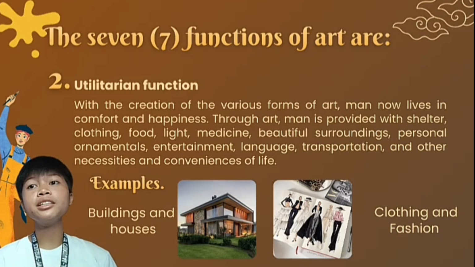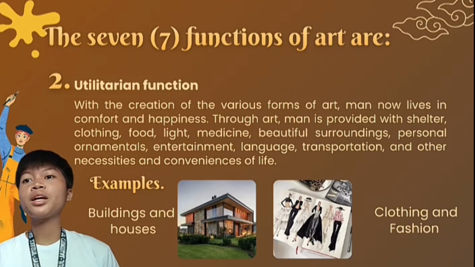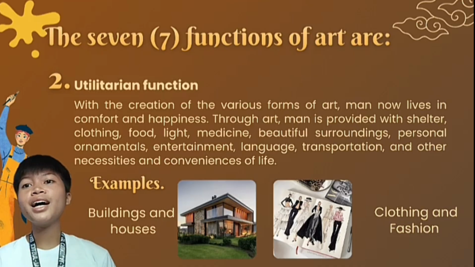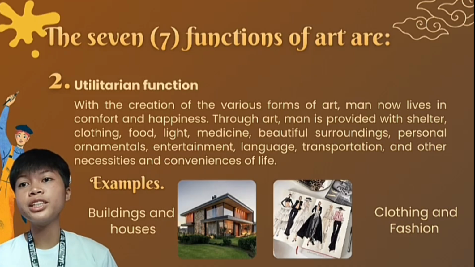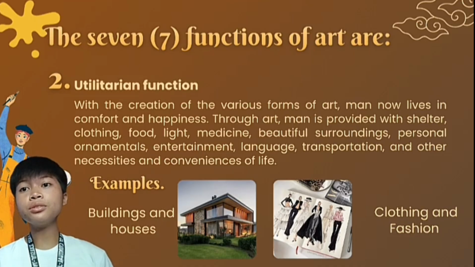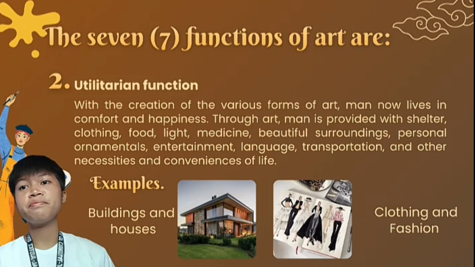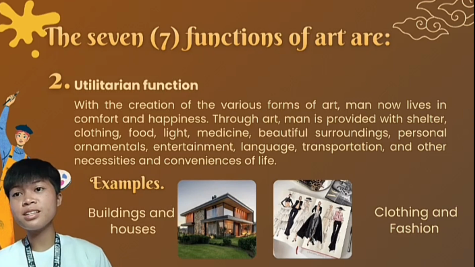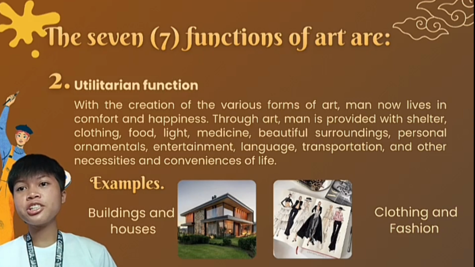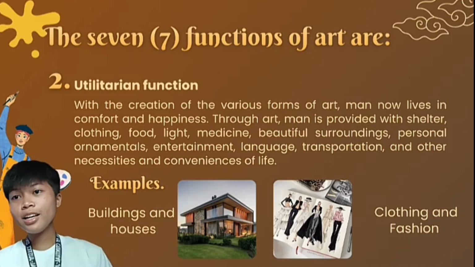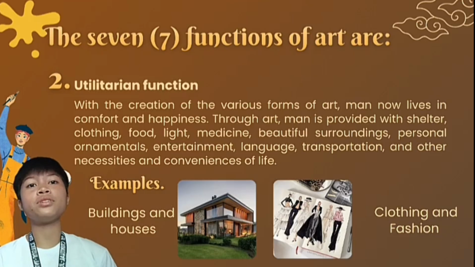So we have here the utilitarian function. So with the creation of the various forms of art, man now lives in comfort and happiness. Through art, man is provided with shelter, clothing, food, light, medicine, beautiful surroundings, personal ornamentals, entertainment, language, transportation, and other necessities and conveniences of life.